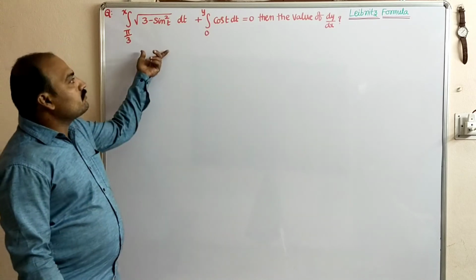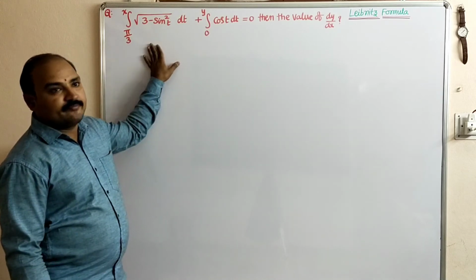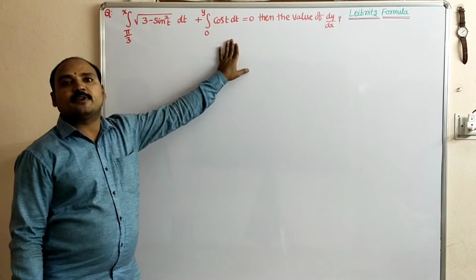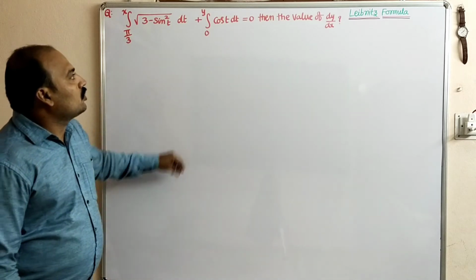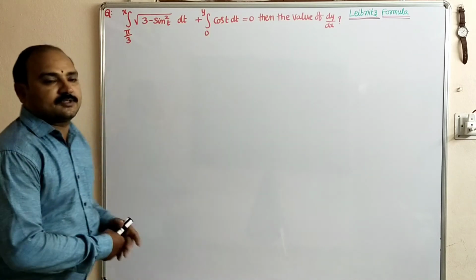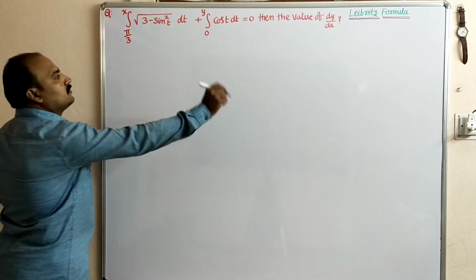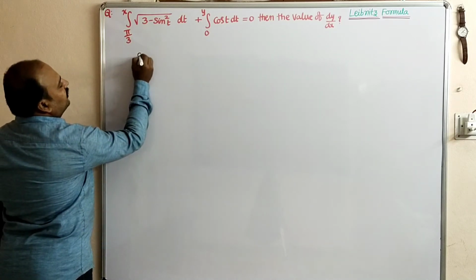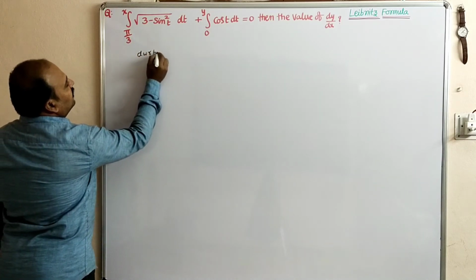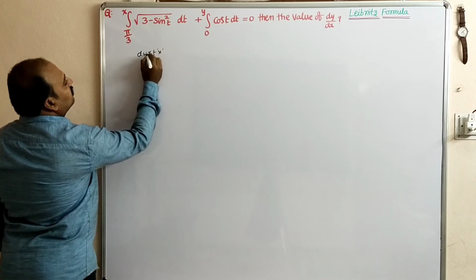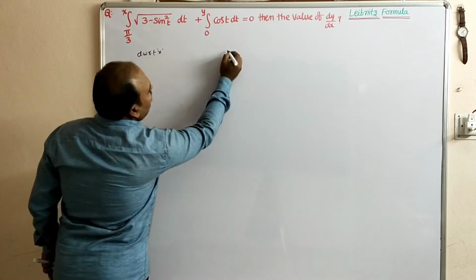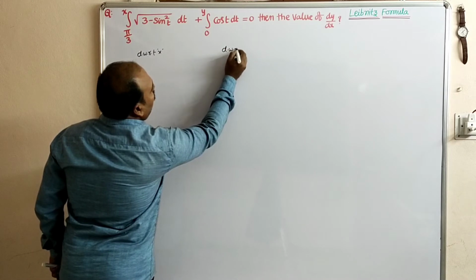So the first term differentiate with respect to x, second term differentiate with respect to y. No, that also with respect to x. Now differentiate with respect to x this one as well as the second term also.